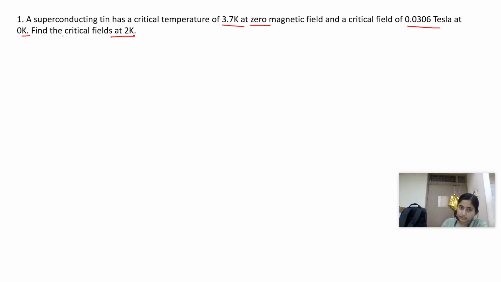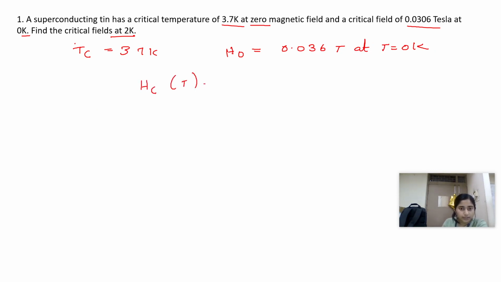So let us first write the parameters given. Critical temperature is given as 3.7 Kelvin and the zero-field value is given as 0.036 Tesla at T equal to 0 Kelvin. Now you have to calculate the critical field at temperature T equal to 2 Kelvin.